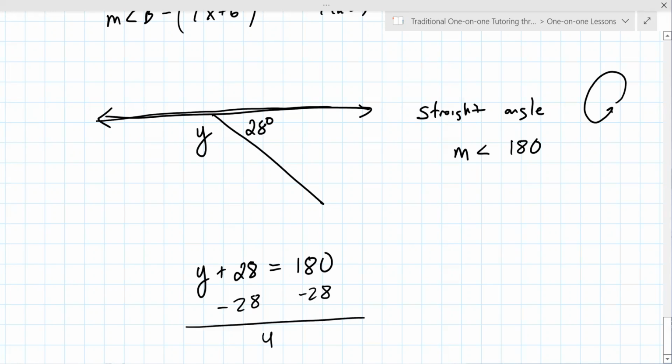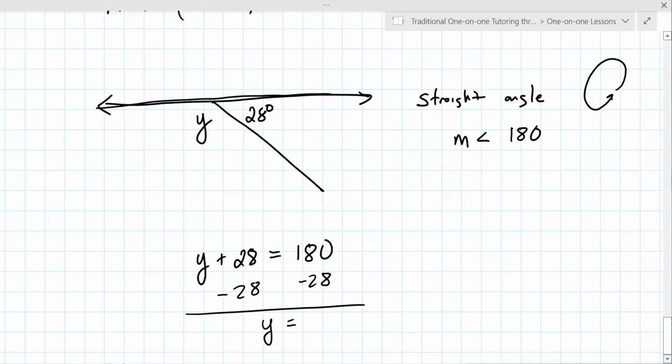So y is equal to... $152. 152 degrees. Good. Okay, we've done it.